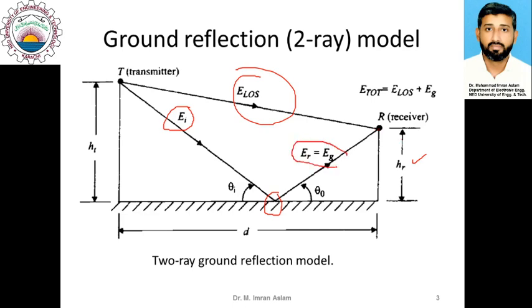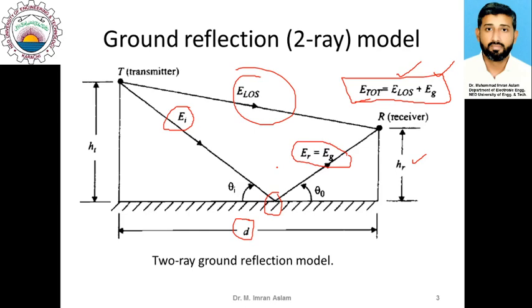This ground reflected ray, written as E_G, is the second component. So the overall effect of the total field is the sum of these two components. E_LOS means line of sight ray or direct path ray, and E_G represents the electric field which is coming from the ground. The separation between transmitter and receiver is represented as d. So this is the graphical illustration of the two-ray ground reflection model.